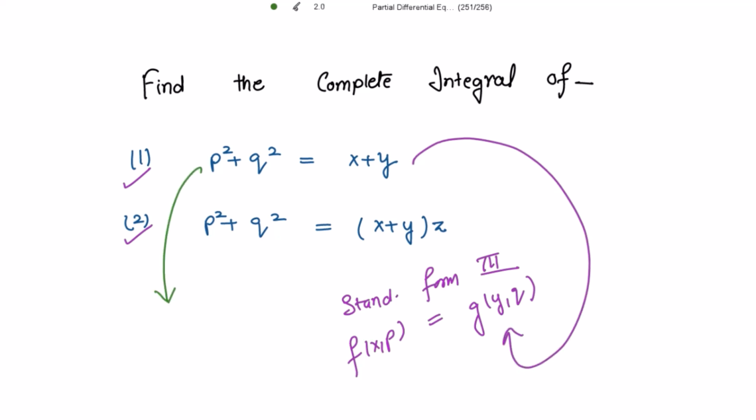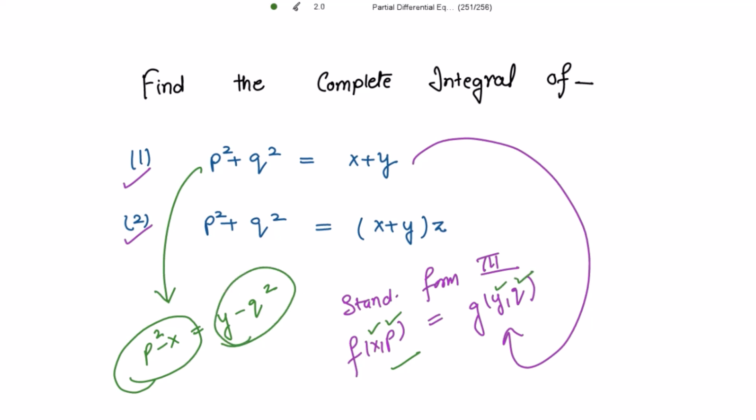We can write this equation as p² − x = y − q². So the function involves x and p on the left hand side and y and q on the right hand side. Now, how to solve this standard form 3?